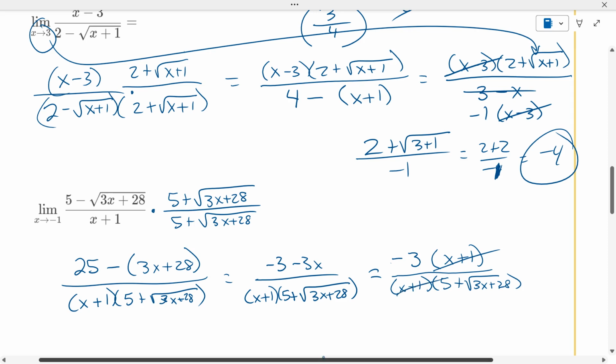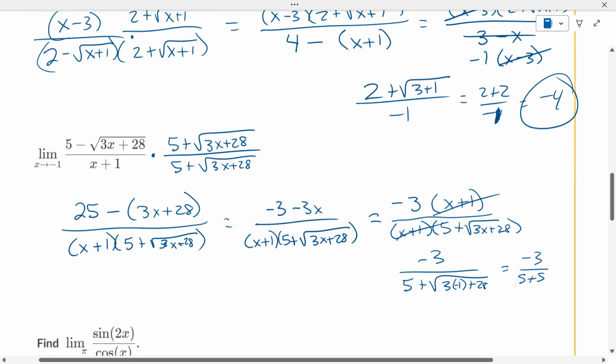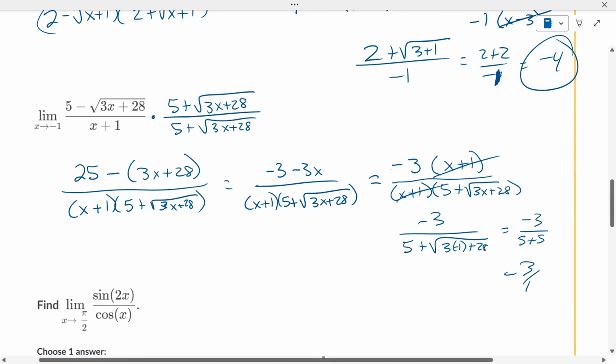The plus 1's cancel. I get negative 3 over 5 plus the square root of 3 times 1 plus 28 times negative 1 plus 28. So this is the square root of 25, which is 5. So it's negative 3 over 5 plus 5, or negative 3/10.